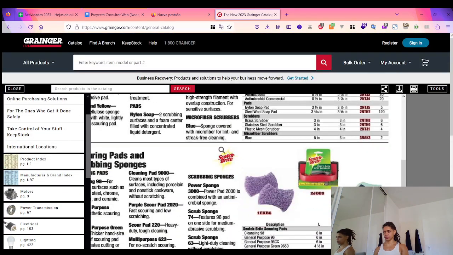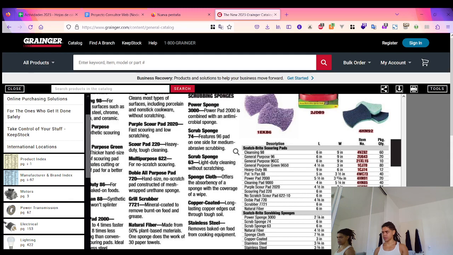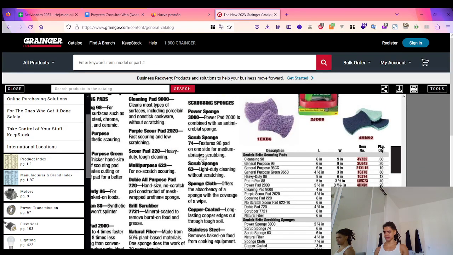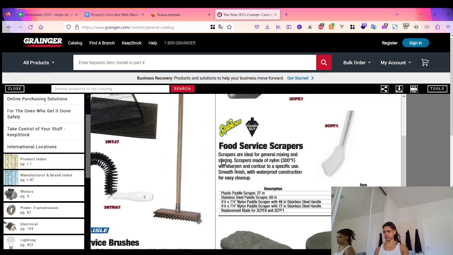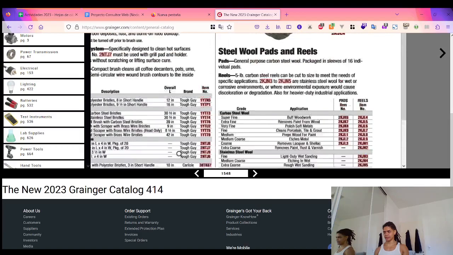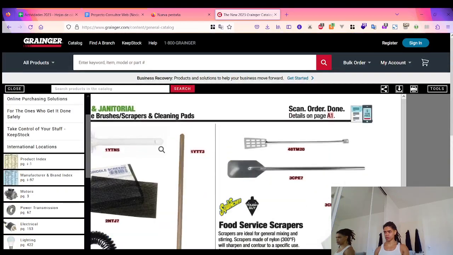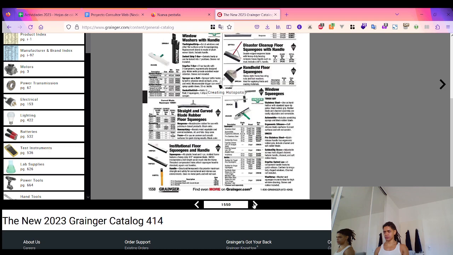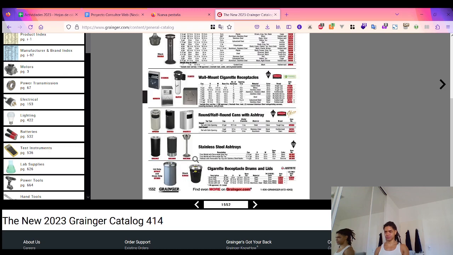Yeah, it's a PDF. They store this as PDF, and you cannot edit this, allegedly, right? And they have a huge collection.